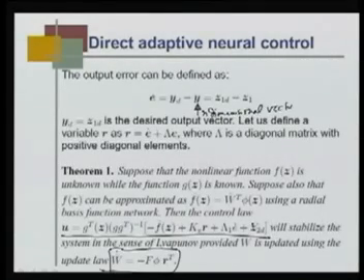So, you see that here in the single input single output case R was a scalar, and in this case this is a vector, n dimensional vector.